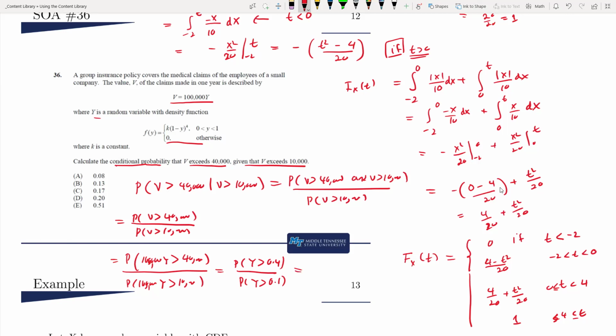This one we can calculate because we have the density function for that. That would be integrating from 0.4 to 1 Fy dy over integrated from 0.1 to 1 Fy dy.